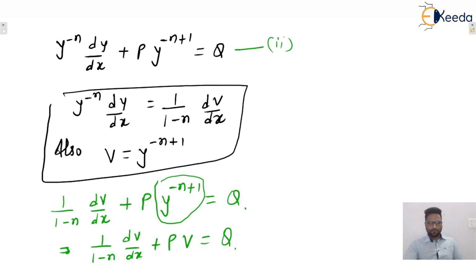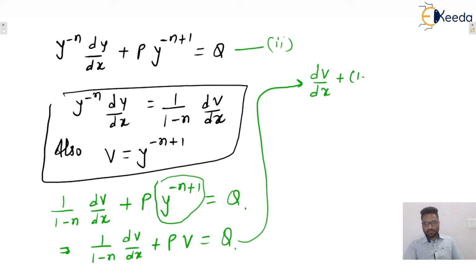Now simplify this one. This becomes dv by dx plus 1 minus n into p into v equals to 1 minus n into q.